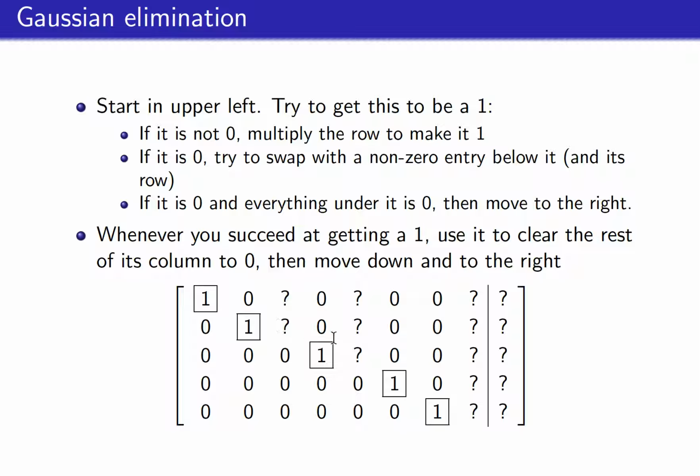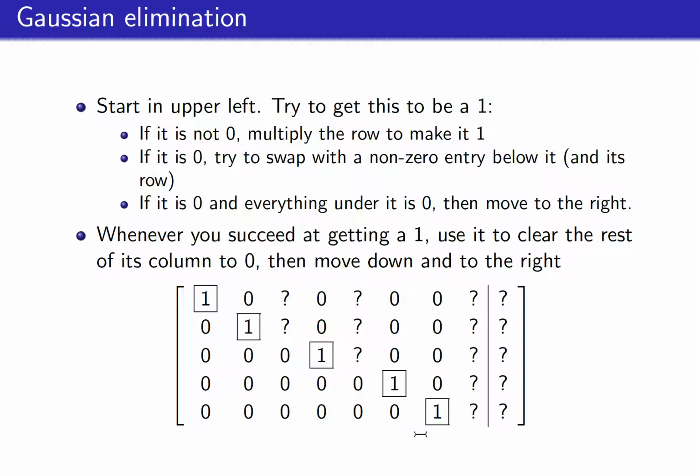After I've done all of these steps, if I do it in this way, what I end up with is a matrix that has these ones in the boxes, these pivots, and there might be other ones as well, but I'm focused on these ones because these are the ones for each row. It's got the first one that's there, and in its column, everything else is 0.